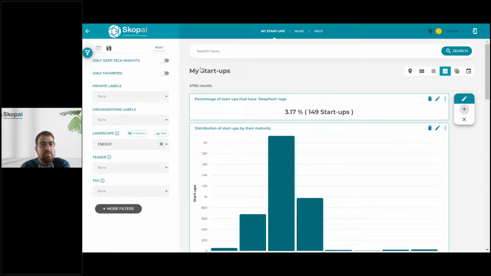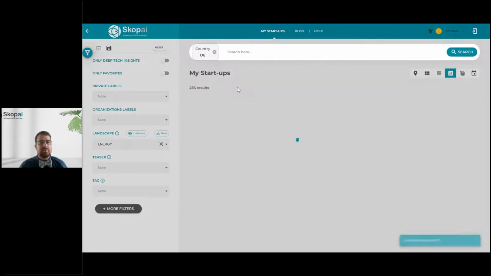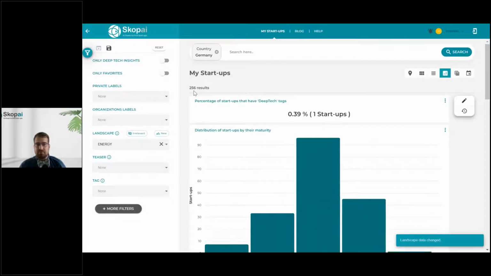more average. But we also allow people to search through different verticals. So specifically with this energy landscape, which is located globally, we can plug in different countries here and add countries, which is going to change the number of results, of course.